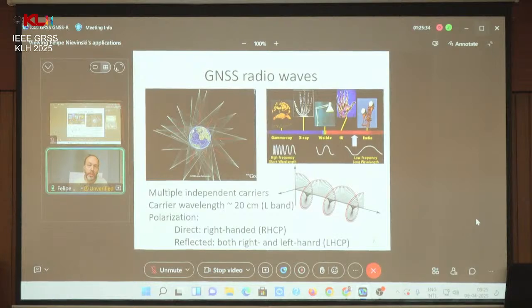So it's almost impossible for the antenna and receiver to distinguish between the direct and the reflected waves, and you end up with a mixture. For traditional GNSS-R configurations, that's something to avoid, but for the GNSS-IR that we do, we always employ a single antenna and a single replica when tracking the signal.